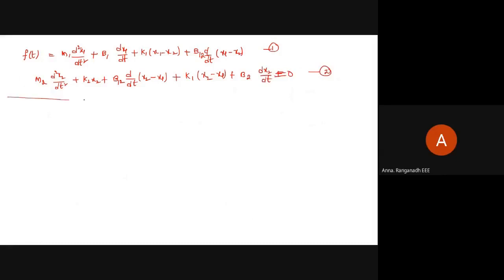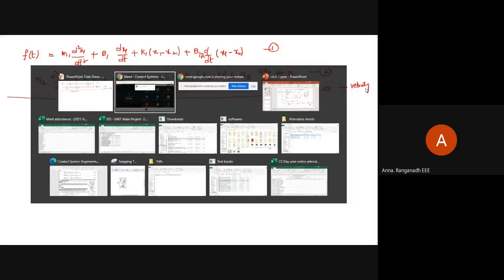So the very primary step is that these equations can be converted into velocities. Remember, these equations can be converted into velocity because our entire analysis will be in terms of velocity. The force is the input. Velocity is the output of a mechanical translation system.